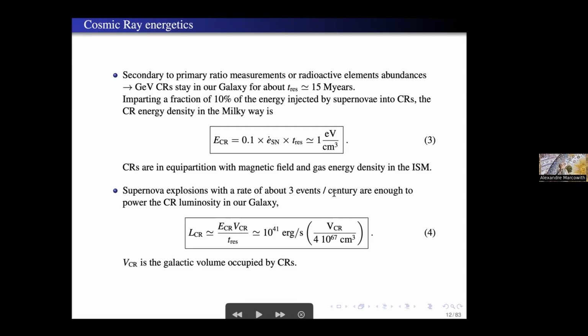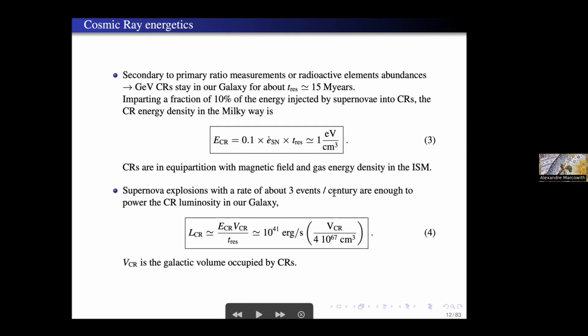If we assume that 10% of a supernova's mechanical energy goes into cosmic rays, you end up with about 1 electron volt per cubic centimeter, which is more or less the energy you have in your gas and magnetic field.